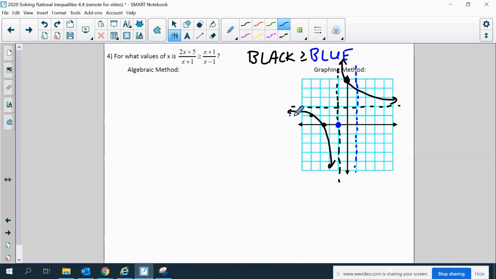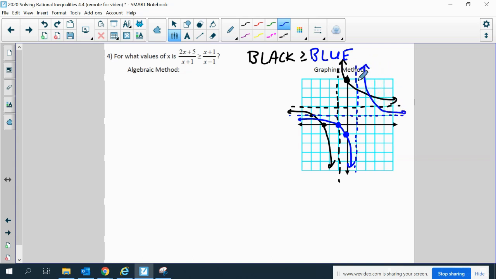And we know that the horizontal asymptote will be at 1. So what I'm going to do here is graph this. This would be at -1. And then it looks something like this.